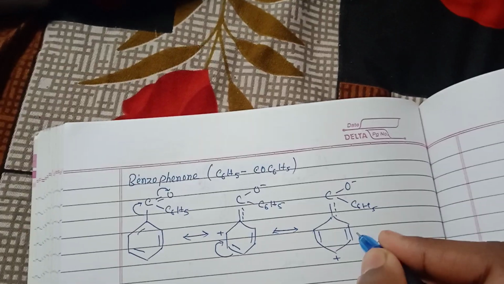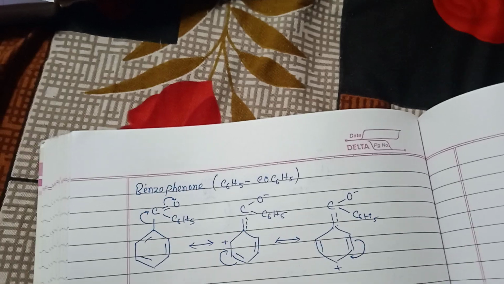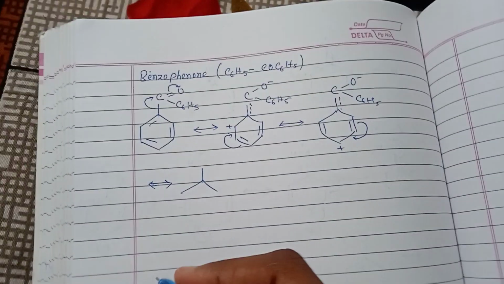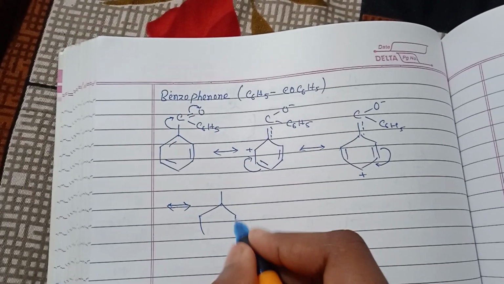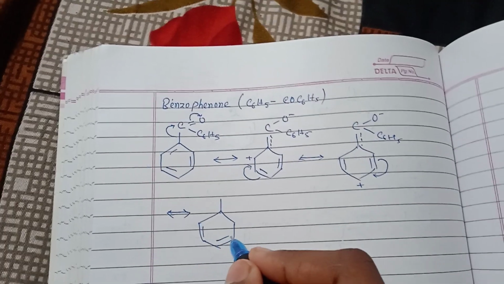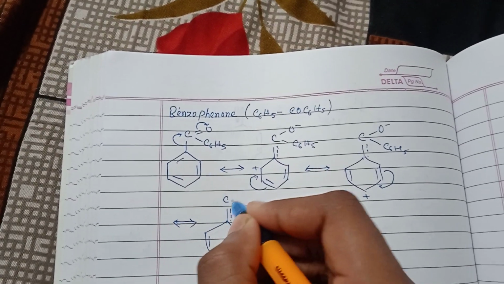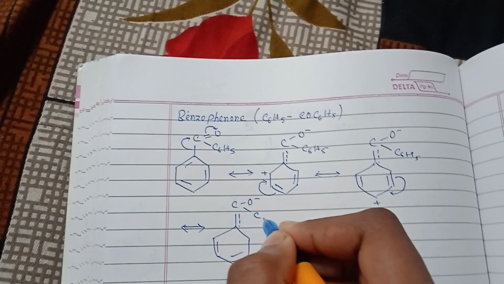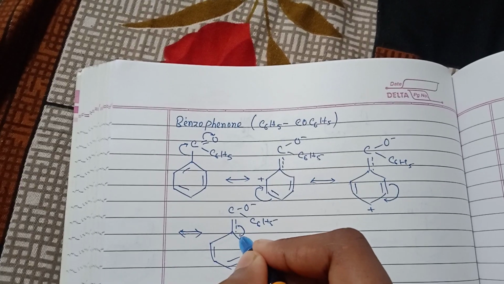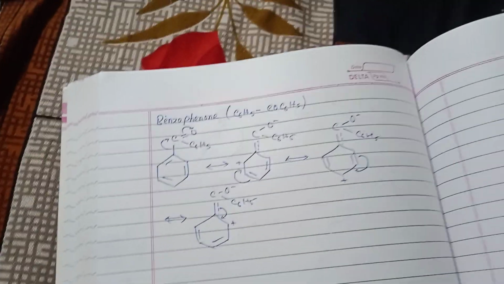Okay, this double bond breaks to here, and the next structure will come as again a benzene ring, with bonds here and here, and a partial double bond with C, O negative and C6H5. This partial double bond breaks here, and the positive sign comes at the ortho position again.